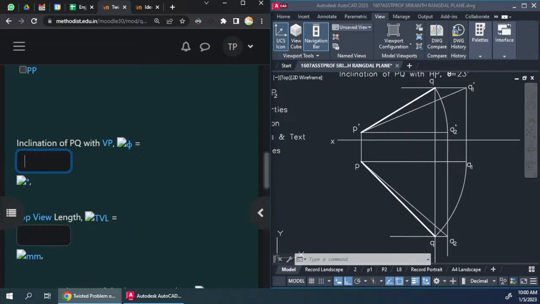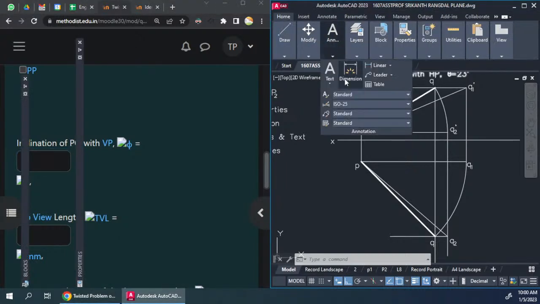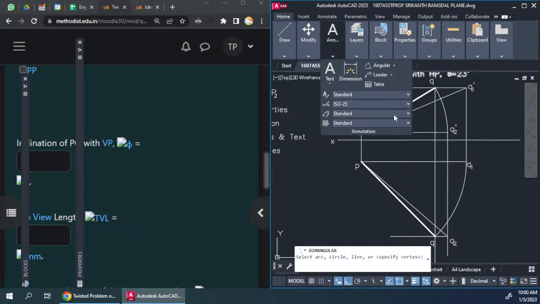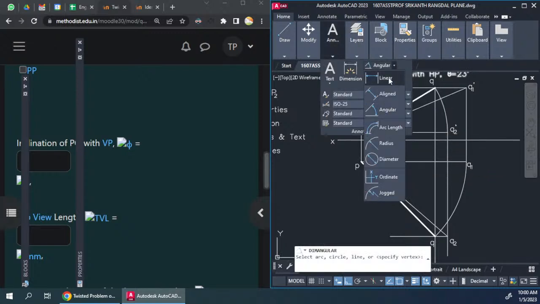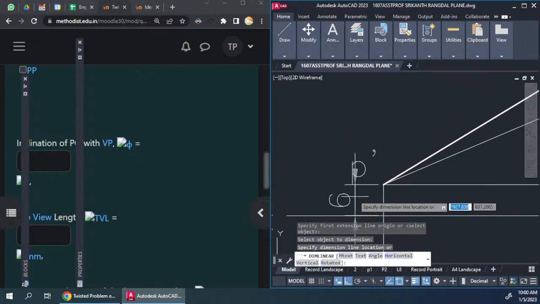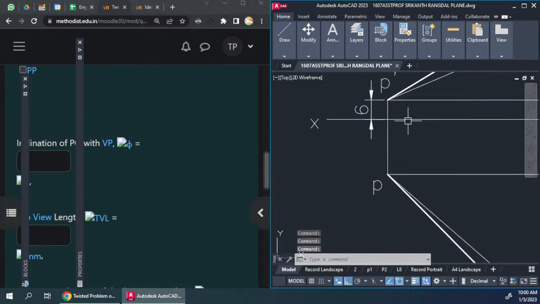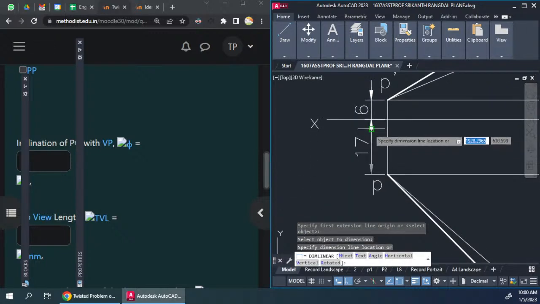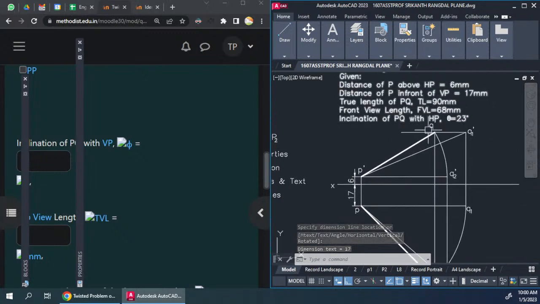First thing he's asking is the inclination of PQ with VP. For that, I'll have to take the dimension of angle. First let me show all the lengths that are given in the question. This value is given in the question, and then we have this that is given in the question, and we have the true length given.